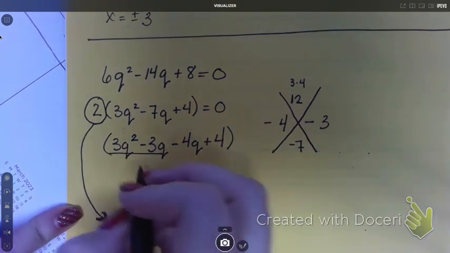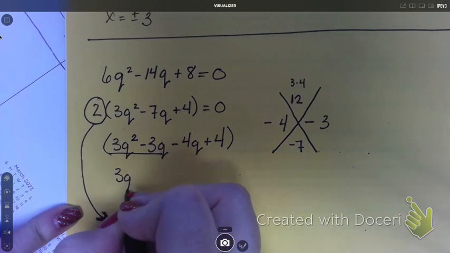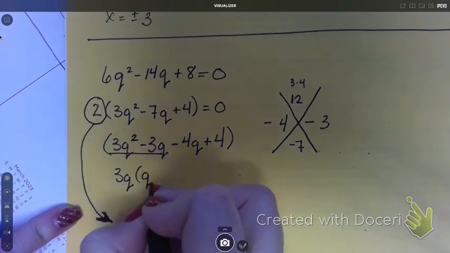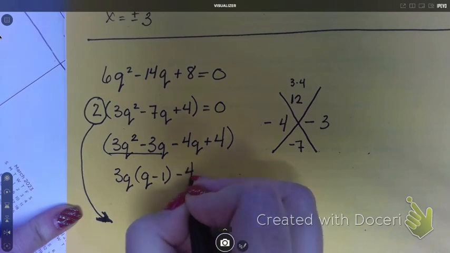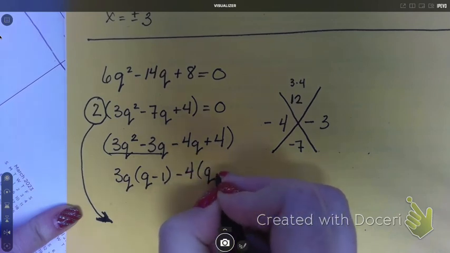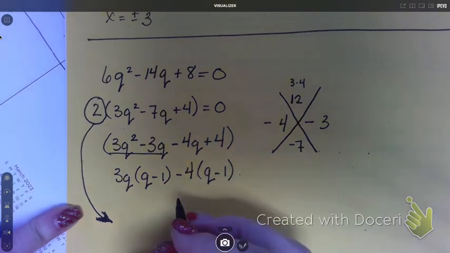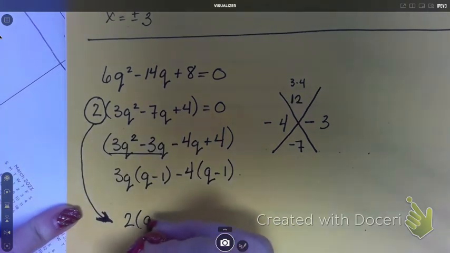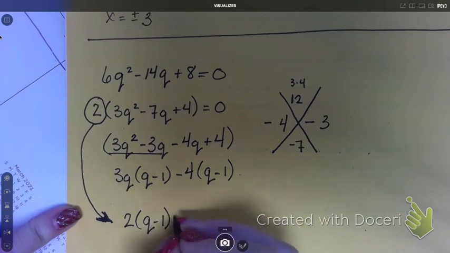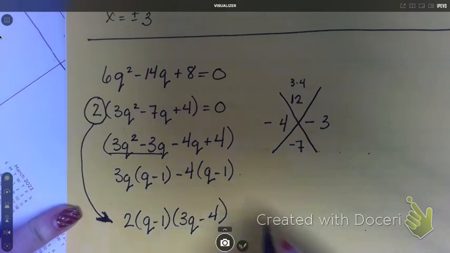And then I can factor out a 3q, and I can factor out a negative 4. So my 2 has to come back in front. And q minus 1 times 3q minus 4.